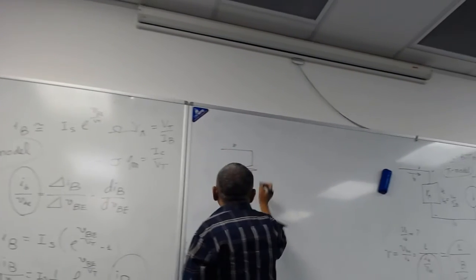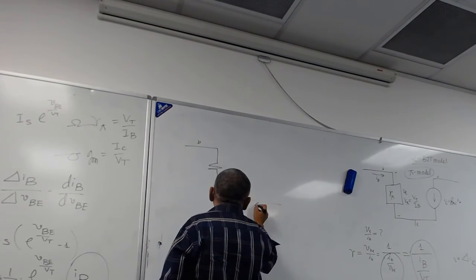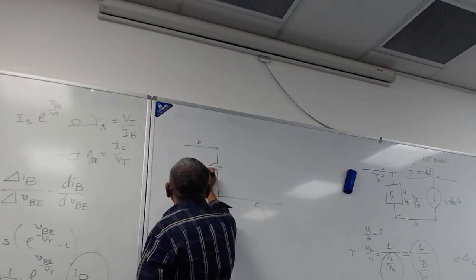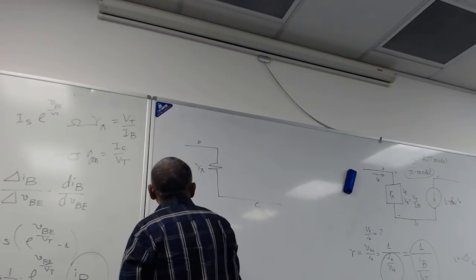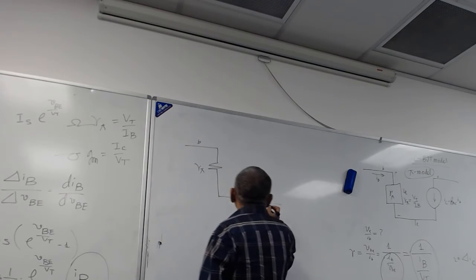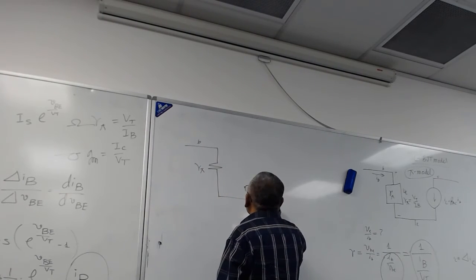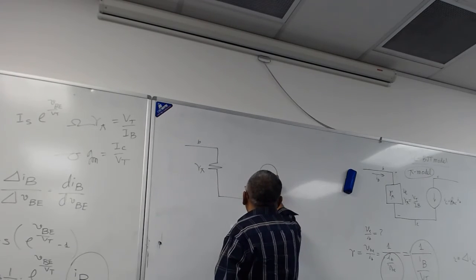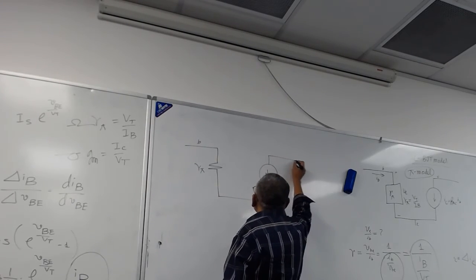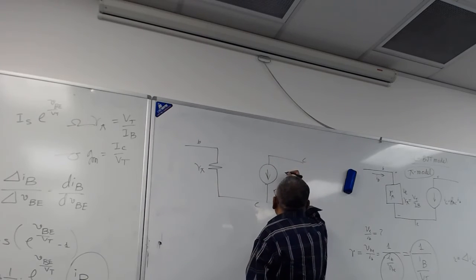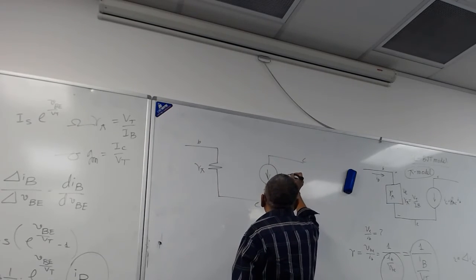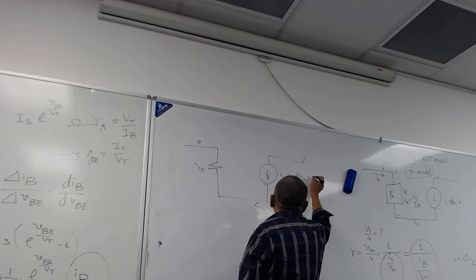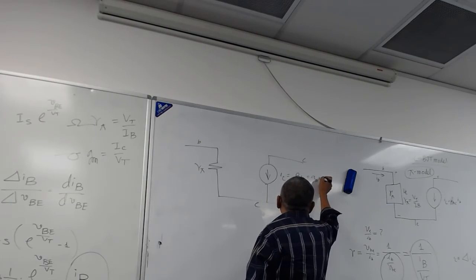This is your base, this is the emitter, this is R pi, and this is your collector, this is your IC, which is equal to beta IB equal to GmVBE.